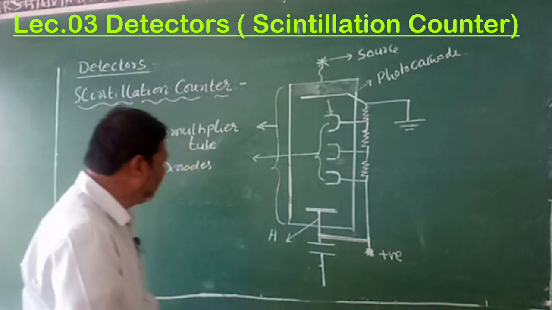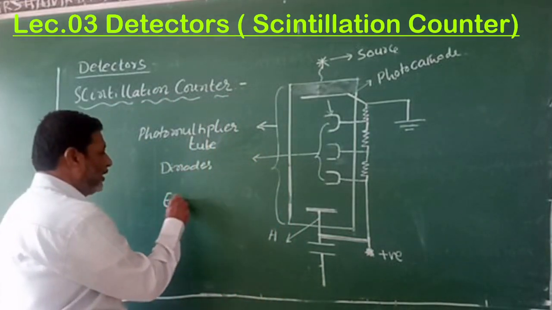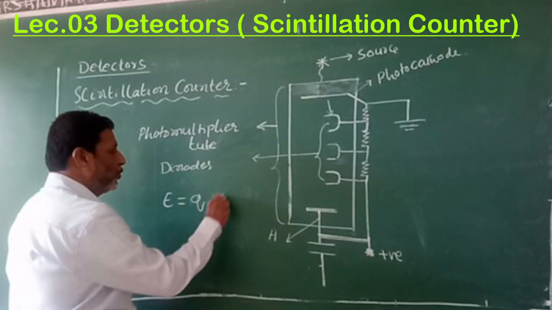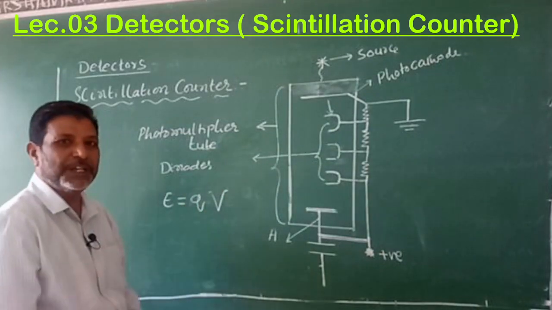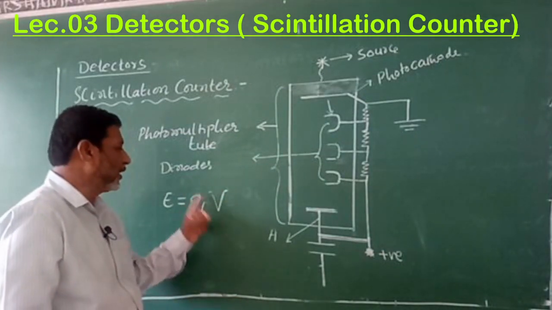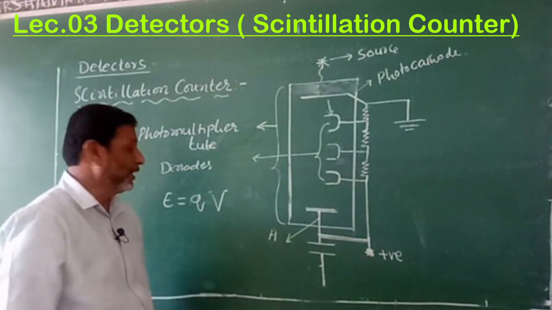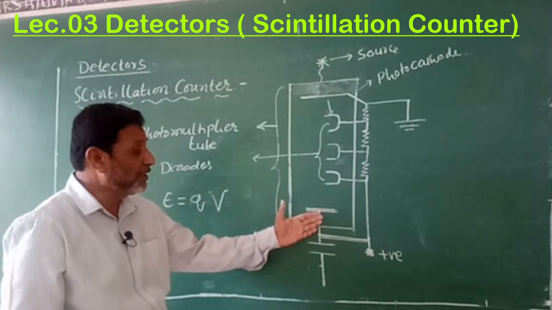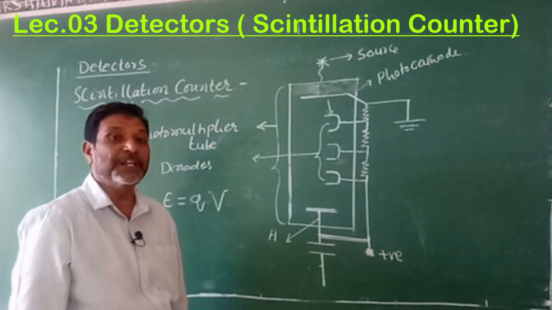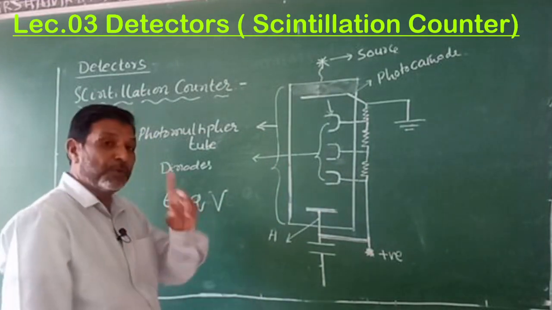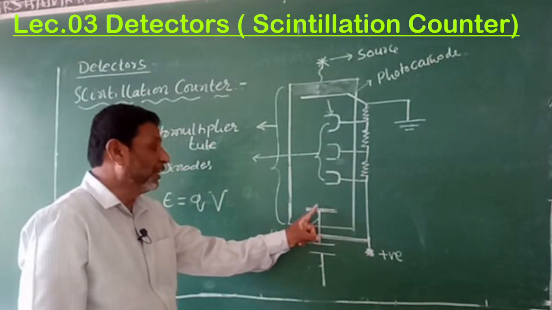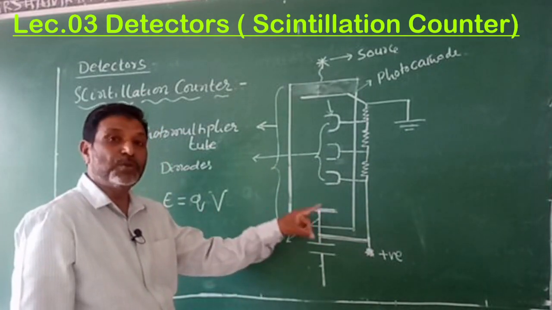That energy is nothing but, as you know, E equals Q times V, isn't it? Here Q is the charge and V is the applied potential. How much charge reaches the anode? If 1 electron reaches here, then the charge is the charge due to 1 electron.